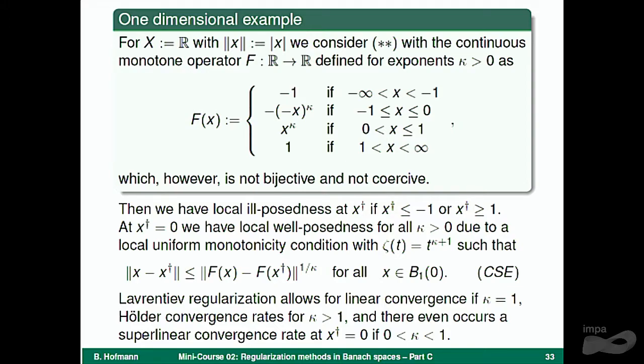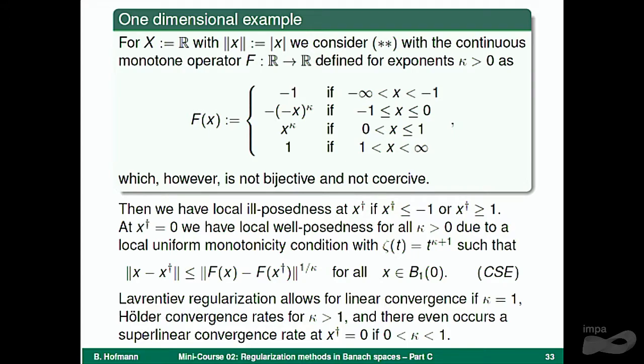There is a constant, it's clear, it's local ill-posed. At x dagger 0, we have local well-posedness for all exponents kappa. And due to the local monotonicity condition we have here, we have such a conditional stability estimate you see here.